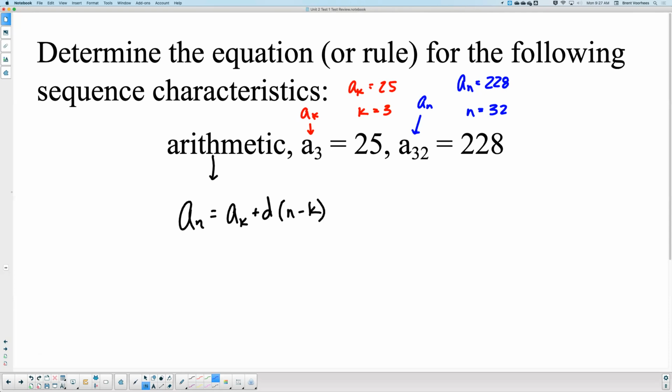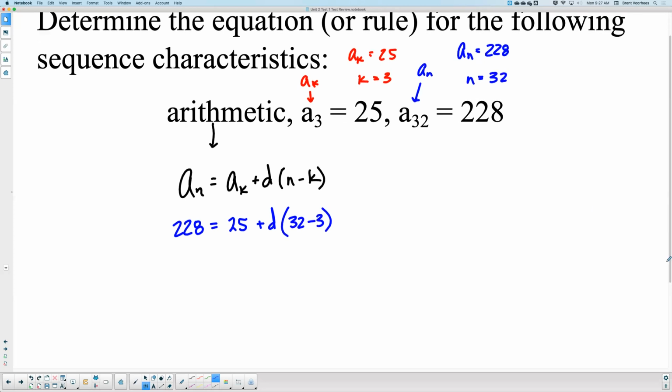All right, great. So now let's plug in and we'll get an equation. AN is 228, AK is 25, plus D times 32 minus 3. Good. Let's simplify and solve for D.